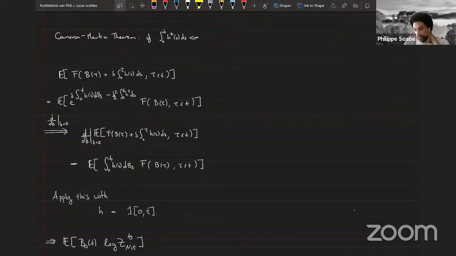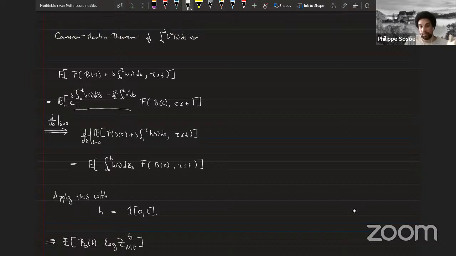So remember the Cameron-Martin theorem is the following. If you have a function that is square integrable, say on the interval 0 to t, we can compute exactly the Radon-Nikodym derivative of the distribution of a Brownian motion shifted by delta times the integral from 0 to tau of hs, with respect to just a Brownian motion, and it is equal to this exponential factor here, e to the delta integral from 0 to t of hs dbs.